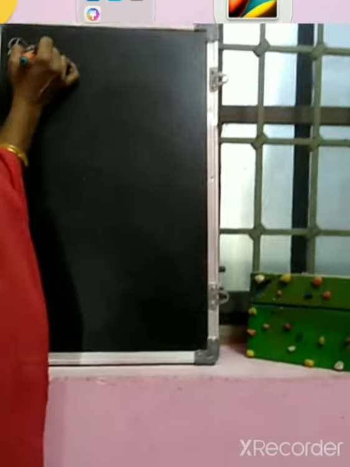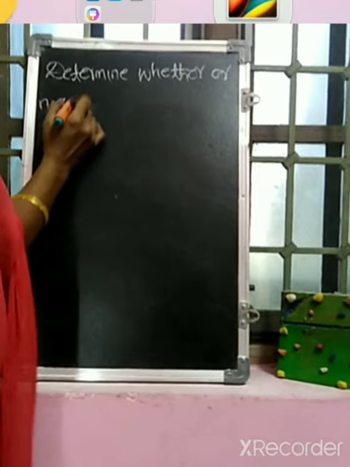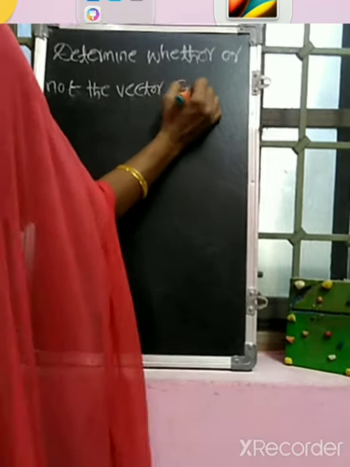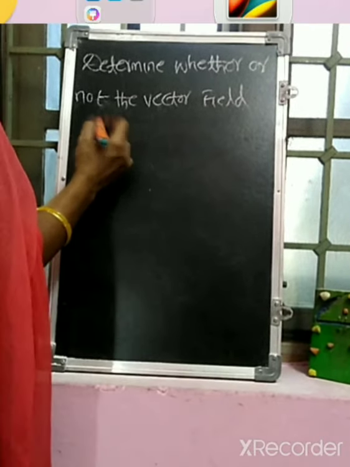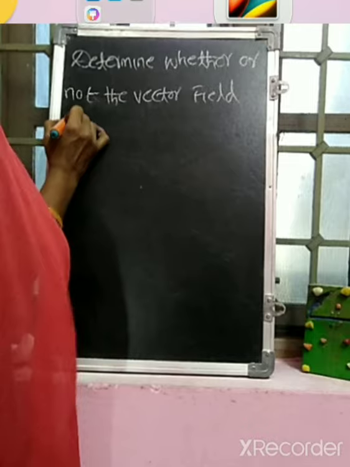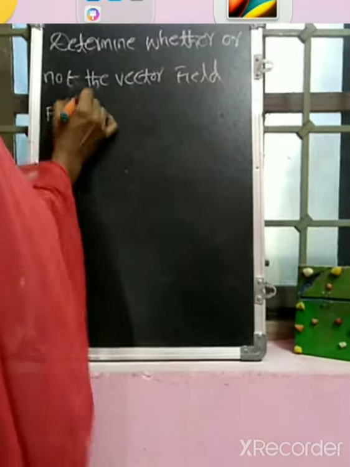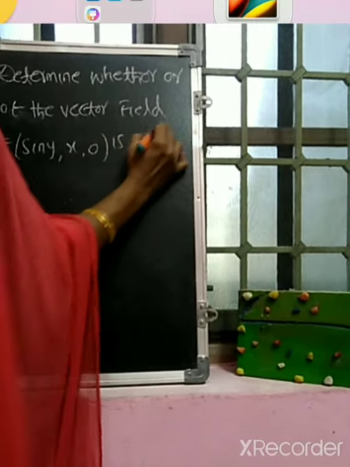Determine whether or not the vector field f is equal to (sin y, x, 0) is conservative.